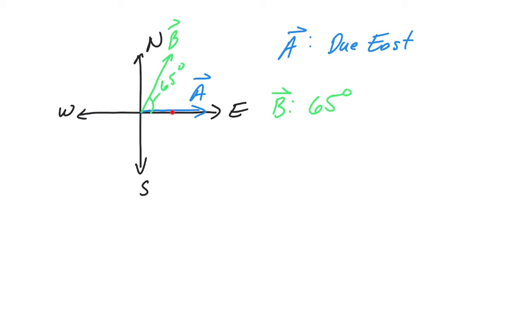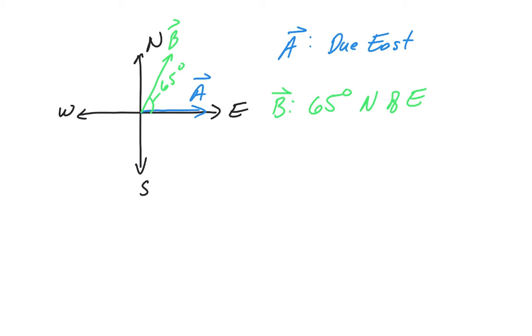So it's 65 degrees going this way away from right. I'm always going to start at my east, north, west, or south line. So since I'm measuring the angle always from one of these, and I've got this 65 degrees, I have to go north of east to get that angle. So I'm going to say that this is 65 degrees north of east.